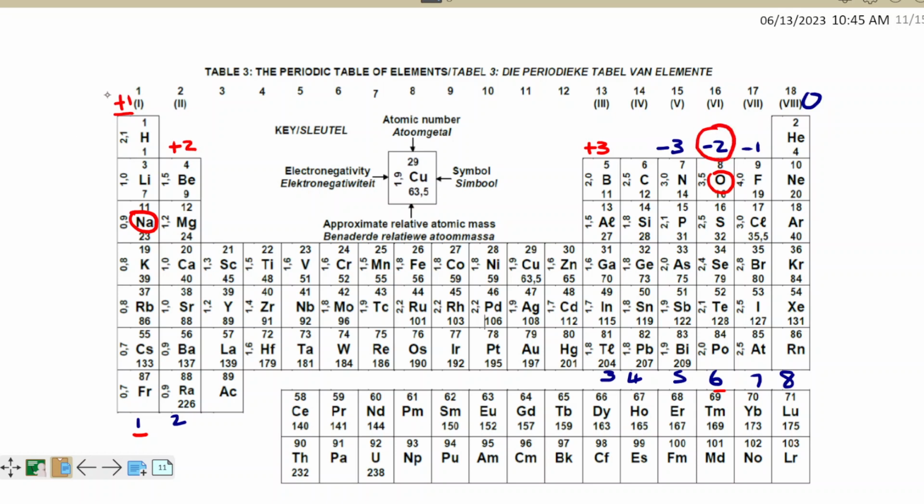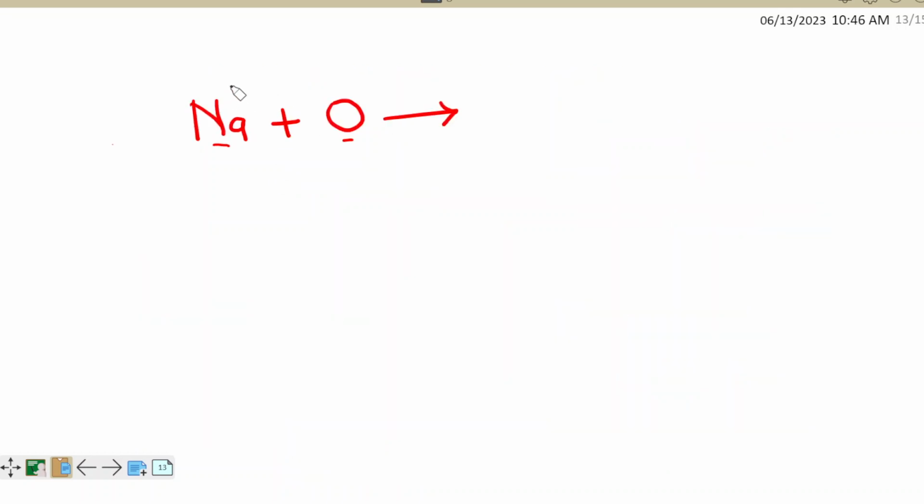So we're going to take now these subscripts and put them on top of the sodium and on top of the oxygen. So we said sodium is in group 1, it wants to donate 1 electron. Oxygen is in group 6, it wants to receive 2 electrons. So that means that oxygen wants to receive 2 electrons, but sodium can only donate 1 electron. So that means that oxygen needs 2 sodium so that it can be filled.